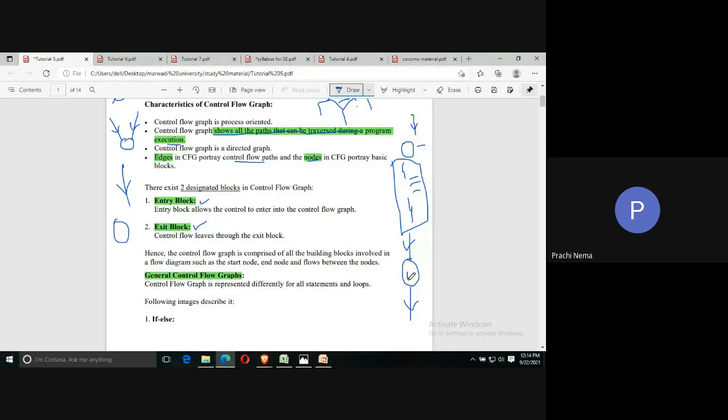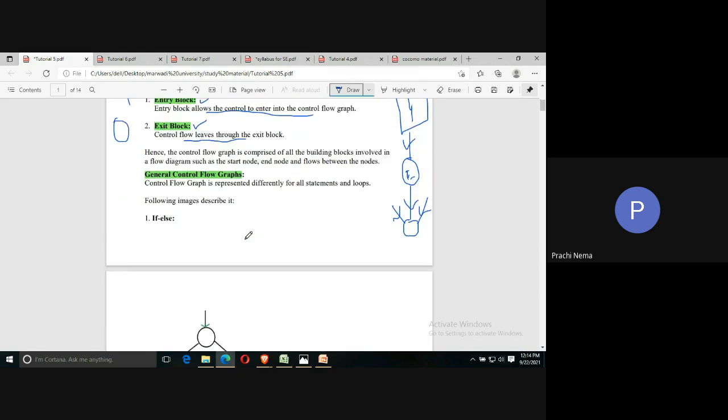And exit block is opposite to this one, where all the control or all the edges will get converged. Okay, they will terminate. So the entry node allows the control to enter into the graph, and the exit block allows the flow to leave. So these are the two types of blocks we have in control flow graphs.